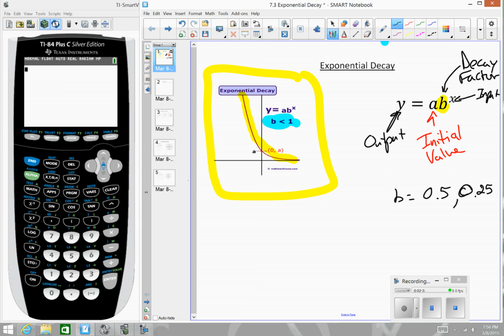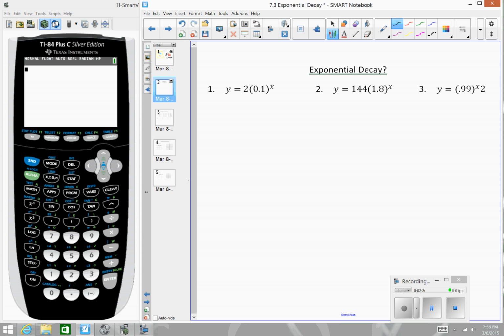Alright, so let's go through a couple examples. It's going to be very similar to our last section. It's just going to say, is this a growth or decay? Now remember, when we're looking at whether it's a growth or decay, it's going to determine whether the B value is going to be above 1 or between the values of 0 and 1. So let's look at number 1 and let's look at that B value.